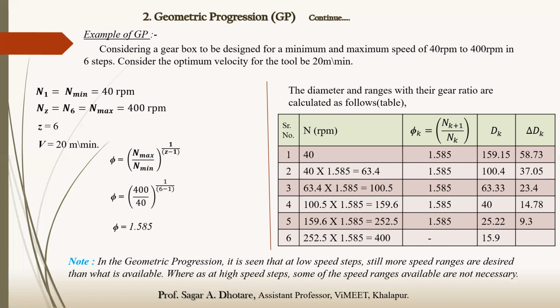Fifth stage, it is 252.5. And the last stage is 400 RPM. So in the geometric progression, it is seen that at a low speed, still more speed ranges are desired than what is available, whereas in the high speed steps, some of the speed ranges available are not necessary.